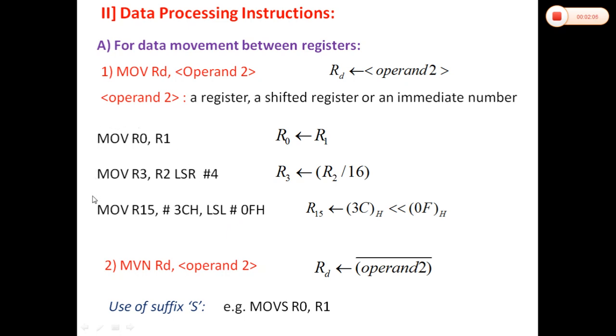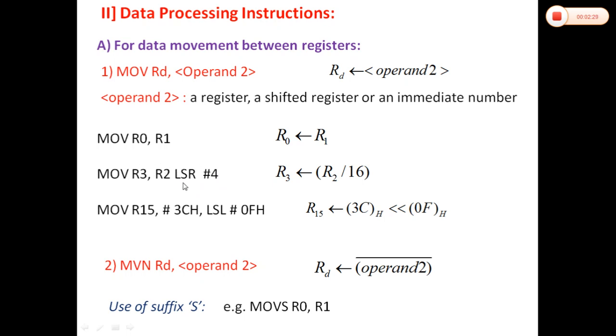So for example, in this instruction, MOV R3, R2 LSR #4, the content of register R2 is logically shifted right by 4-bit positions, and then it is moved to register R3.